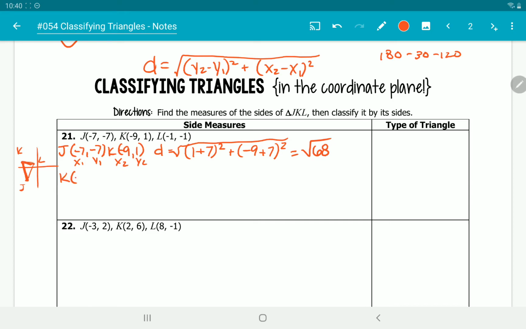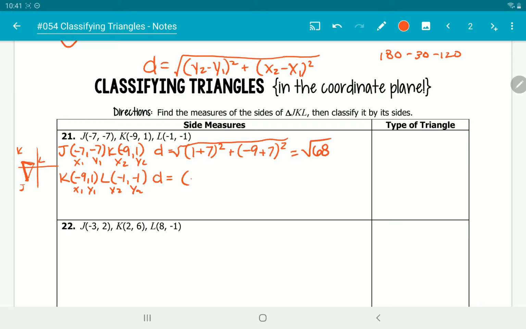So now we've done JK, we need to know the length between K and L. So we'll use K, -9, 1, and L, -1, -1. Okay, so now we have x1, y1, x2, y2. And again, we're going to use this distance formula. Okay, so y2 minus y1.